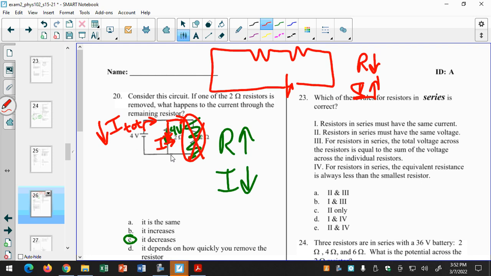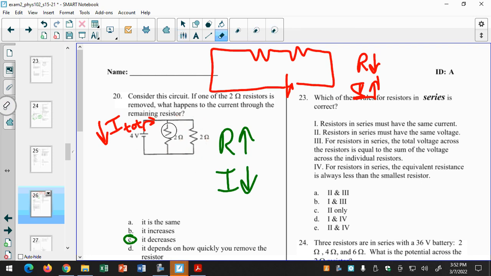How come the resistance is going up if you're taking away a resistor? Yeah, but with parallel, if I add a resistor, I've added an additional path for the electricity to flow, which decreases the overall resistance. It's sort of like your arterioles.